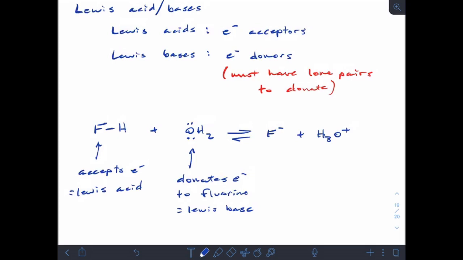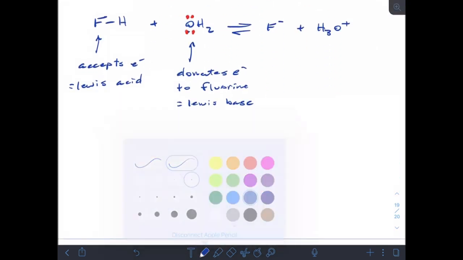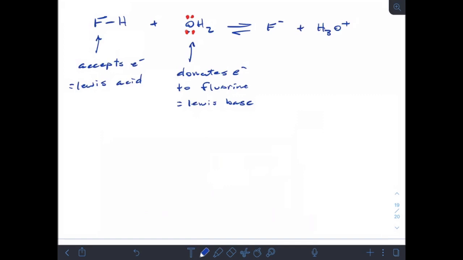Right? It also is the proton donor, which makes it a Bronsted-Lowry acid, right? But the easy thing about that is being able to identify the Lewis base because of the lone pairs in that molecule. So being able to draw molecules accurately and making sure you know where lone pairs go is important to determining whether or not something is a Lewis acid or base.